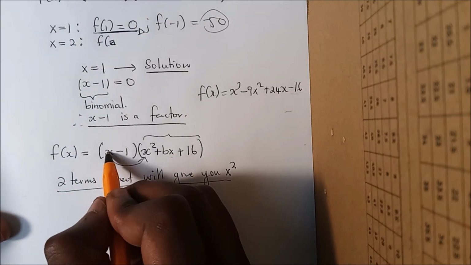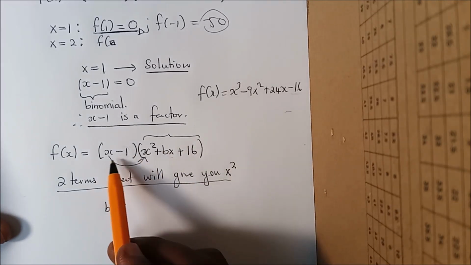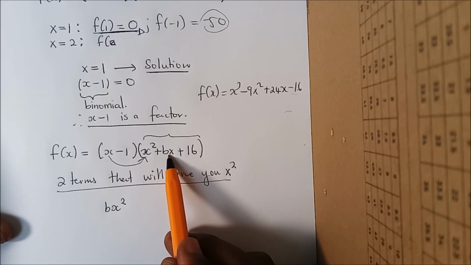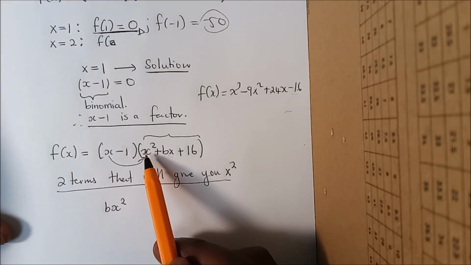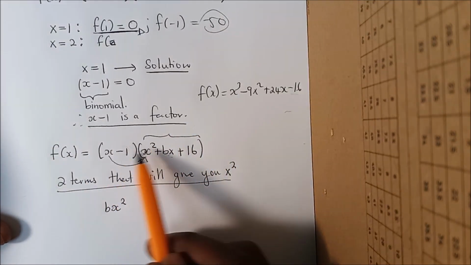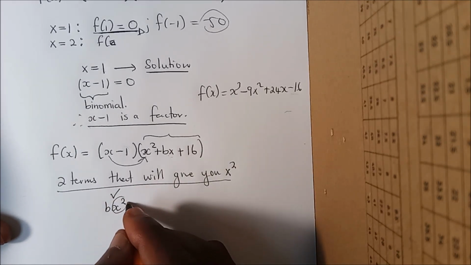So the first one, we find it here, that's going to be bx squared, because x times bx is bx squared. So now, do we have another one? Yes, because x times x squared is x cubed, x multiplied by bx is bx squared, and we want this x squared here.